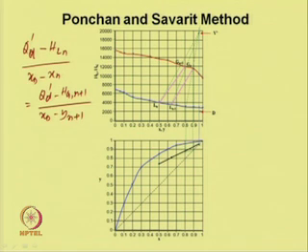So, all these parameters are plotted here in the enthalpy concentration diagram, where this represents H_G versus y and this represents H_L versus x.